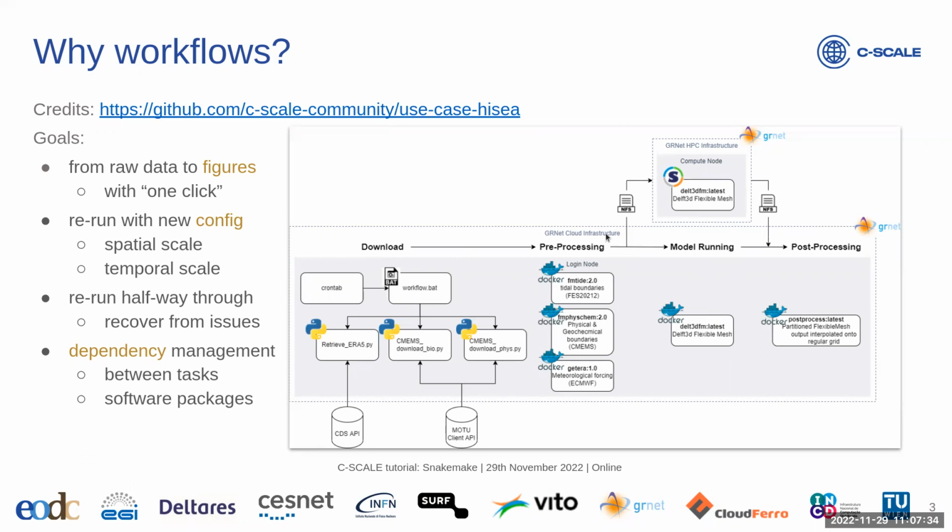So you want to track dependencies between tasks and reuse them as much as possible, but also you want to be explicit about the dependencies with external tools, software packages, versions, so your workflow can be reproduced and can be reused as much as possible.